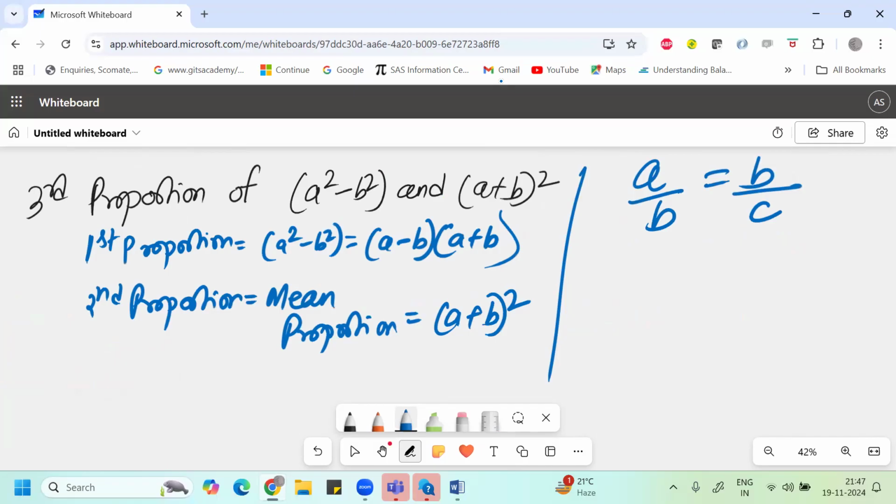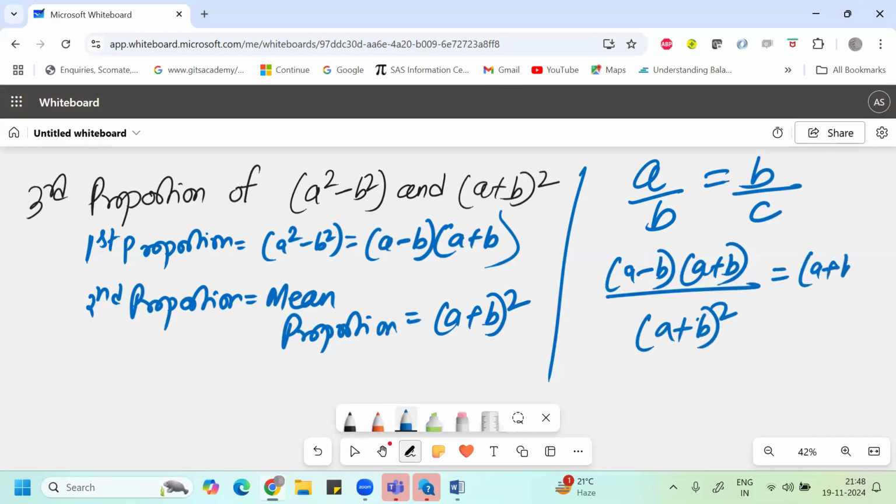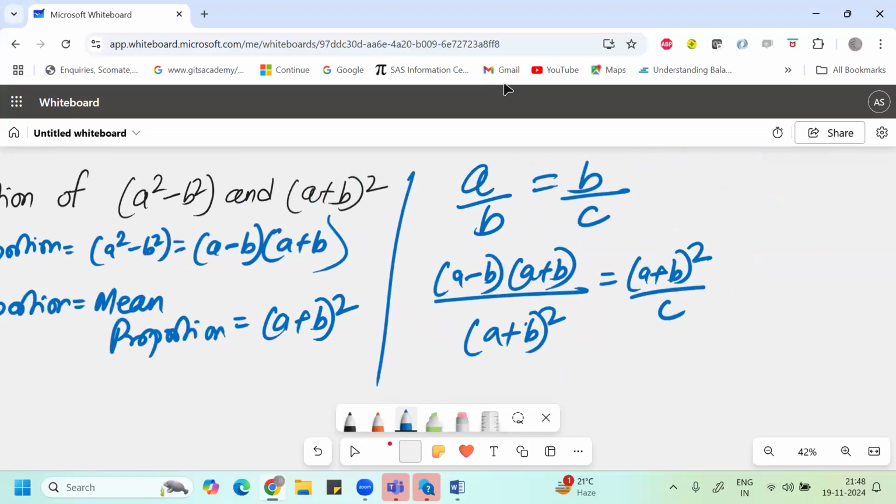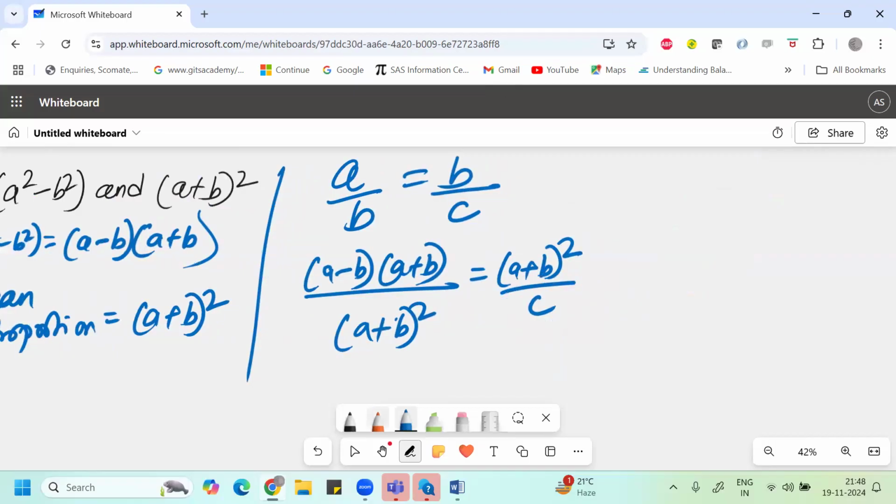So your first proportion is a minus b into a plus b, your mean proportion is a plus b whole square, and c is your third proportion, whatever they have asked you. I hope this part is clear.